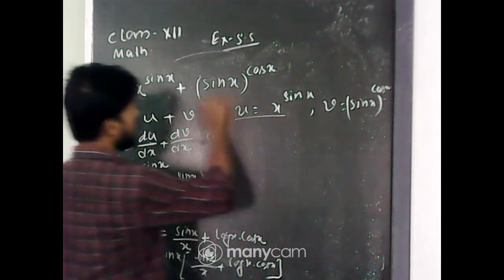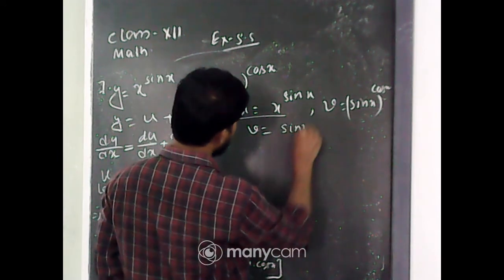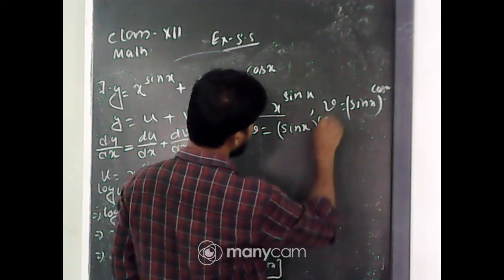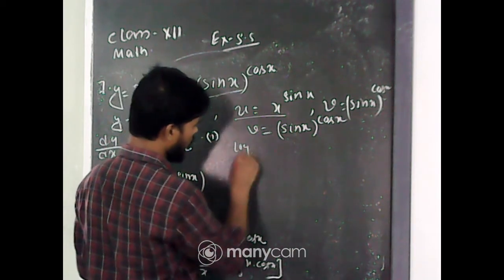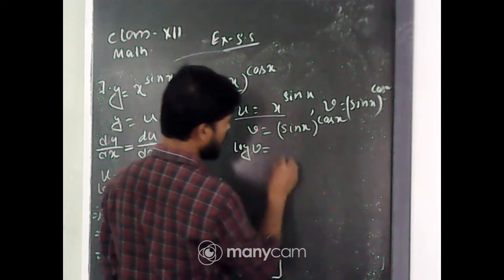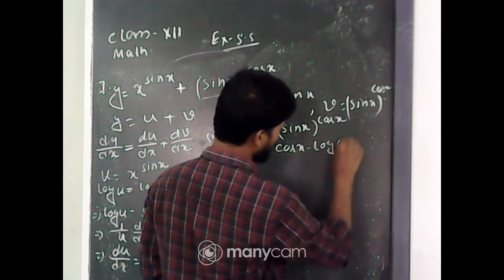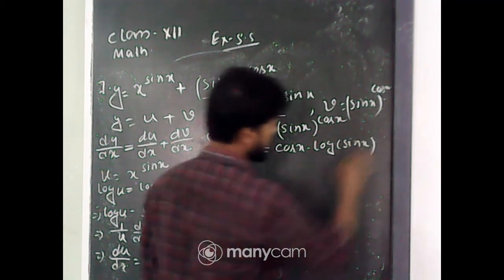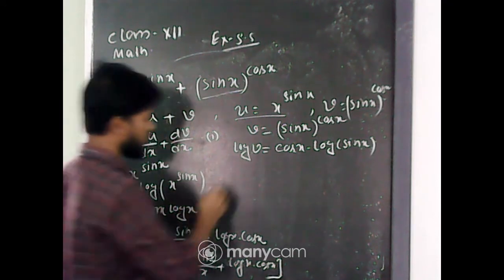In a similar way, calculate dv/dx. So v equal to sin x to the power cos x. Now take log. Taking log, we have log v equal to cos x into log of sin x. Now differentiate it with respect to x.